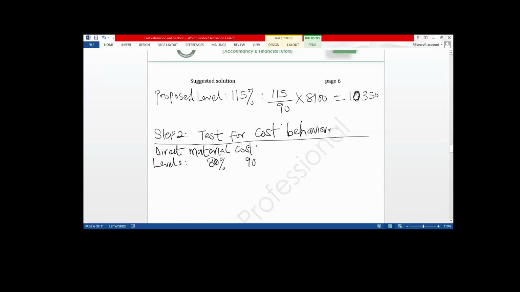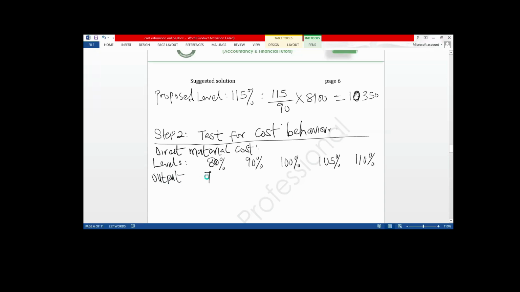We have 90% level. We have 100% level. We have 105. And we have 110%. Output in units.